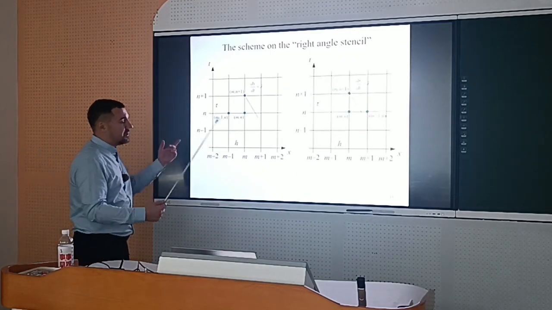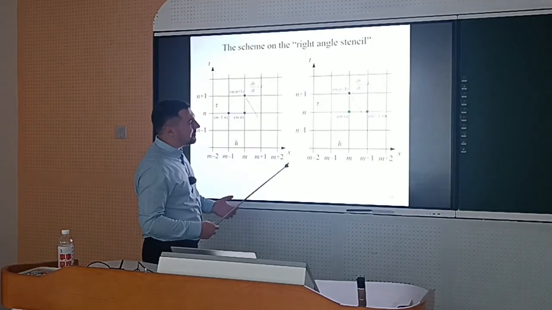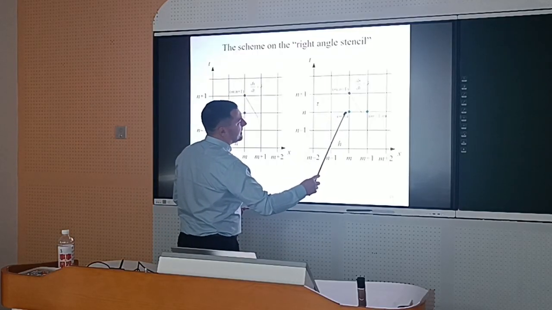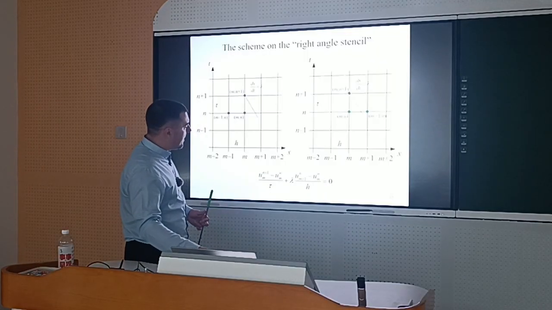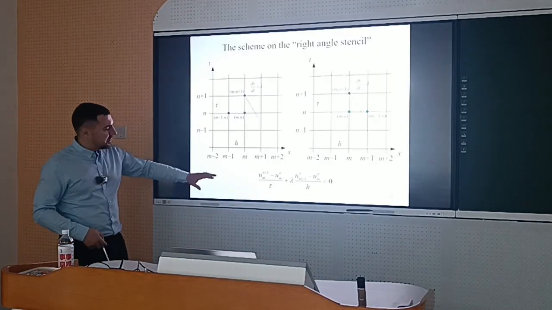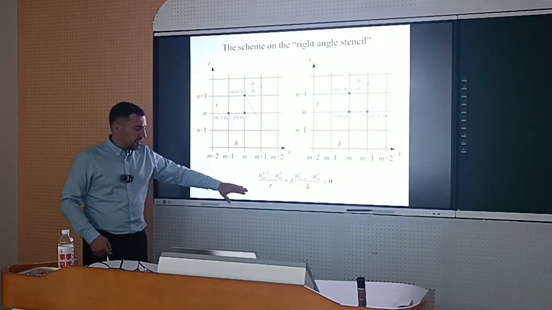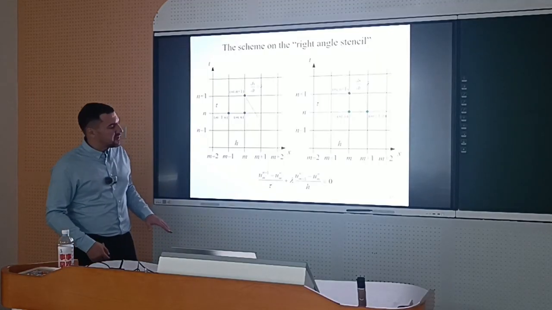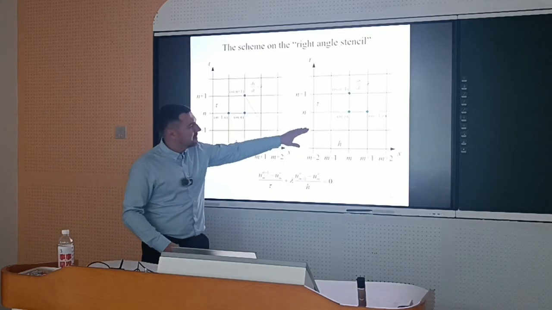So we should just change this. Actually, this is the same numerical scheme, but we take into account the sign of lambda. This is the right angle. We should use this point and this point for the numerical approximation of our derivative, and the scheme will look like this. The time approximation will be the same, but the approximation of the derivative with respect to x will be u m plus 1 n minus u m n.